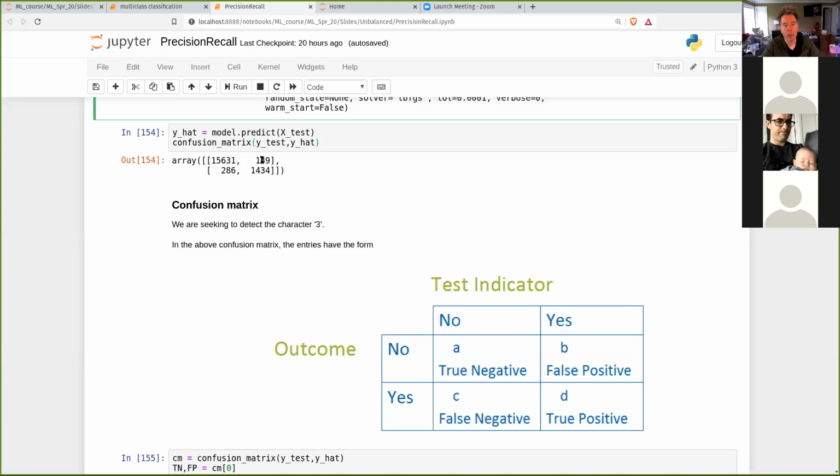But over here are some non-3s that are falsely reported to be 3s. Those are false positives. And down here, this is when the prediction is 3, but 286 times there are things that are not 3 that are reported to be 3.